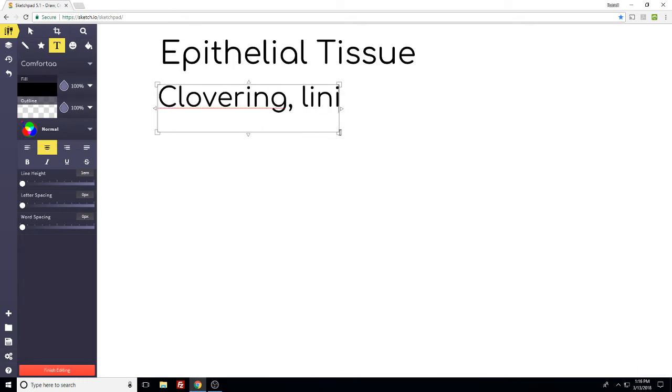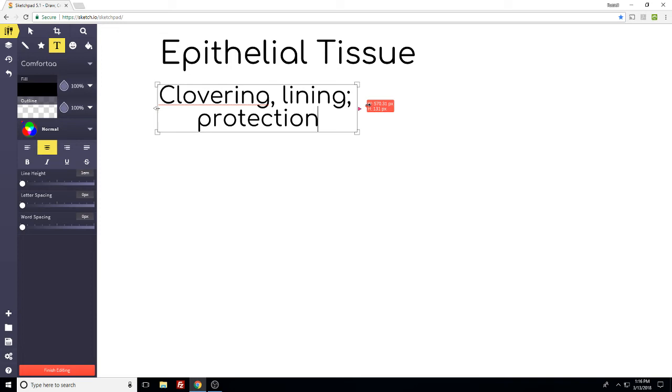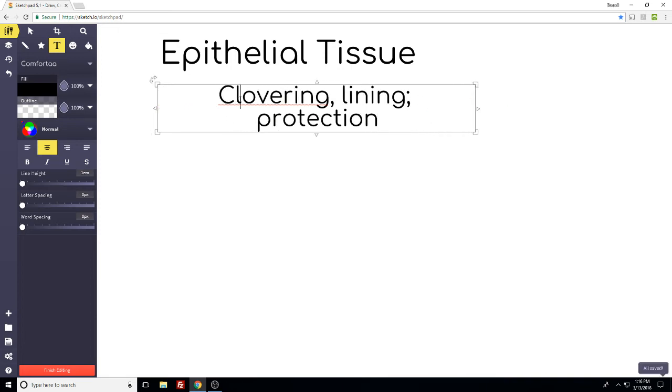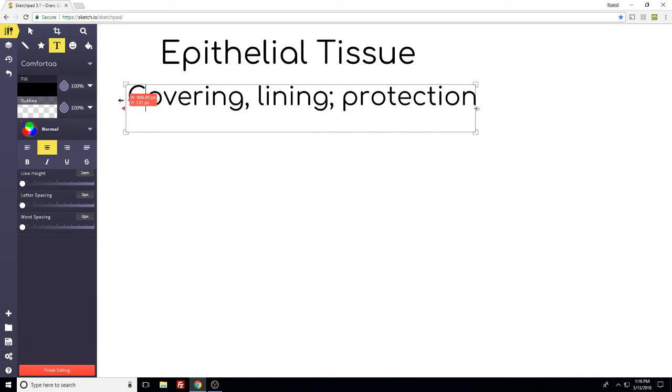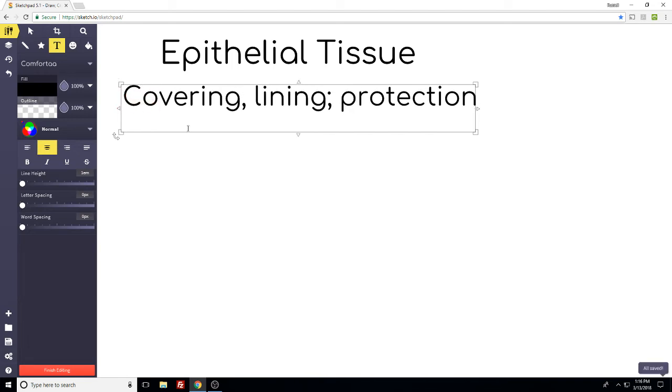So this is going to be our main one for protection. It's going to help to protect internal organs from the outside. It's also going to help protect inside organs from inside things like stomach acid. We don't need that leaking all over your abdominal cavity. So lots of protection going on with epithelial tissue.